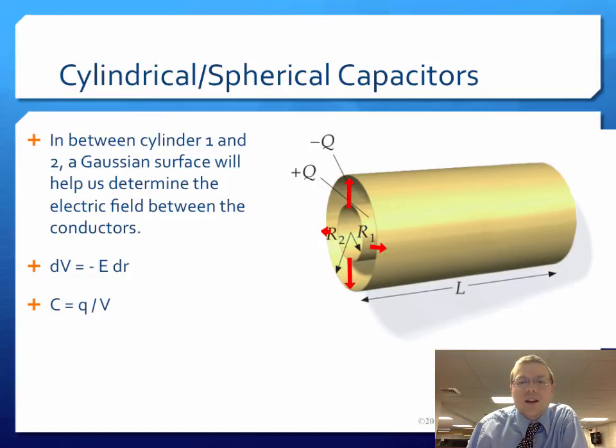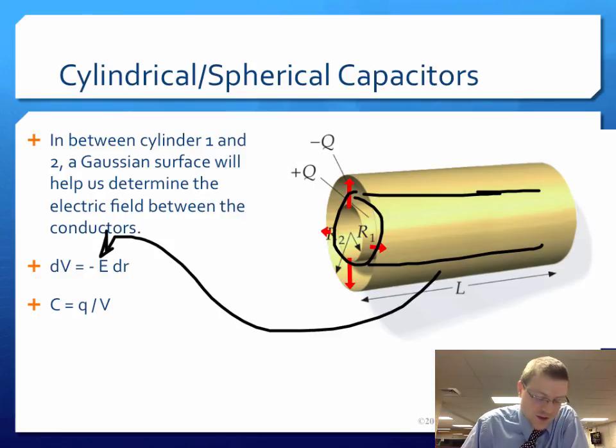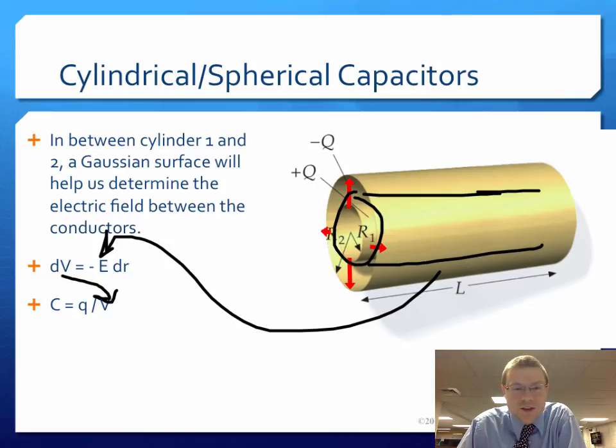So again, use a Gaussian surface, create a Gaussian cylinder that is going to surround that inner charge, and find the electric field away from that cylinder. When you do that, put the electric field into this equation, find your voltage, put your voltage in the capacitance equation, and solve for the capacitance of your setup. So I'm going to have you guys try this one on your own, and we'll talk about it when we see each other in class.